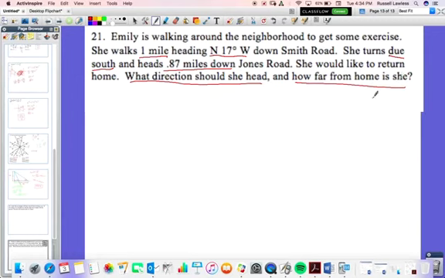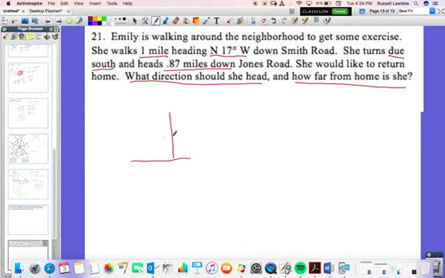Now, reading that problem, I'm underlining as I'm reading the important information. Just a helpful hint, if it's looking for what direction and how far she's going, that means we need to find out the direction and how far. So to do this, we're going to draw a little compass rose.